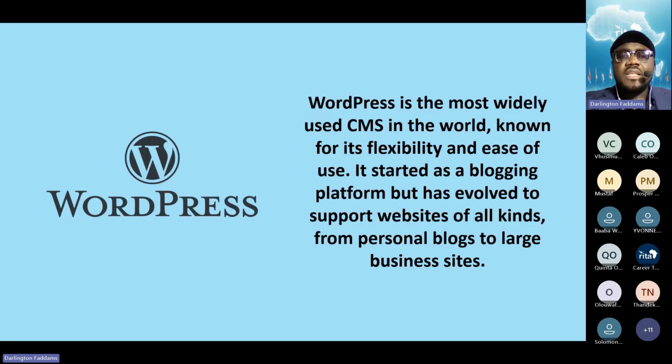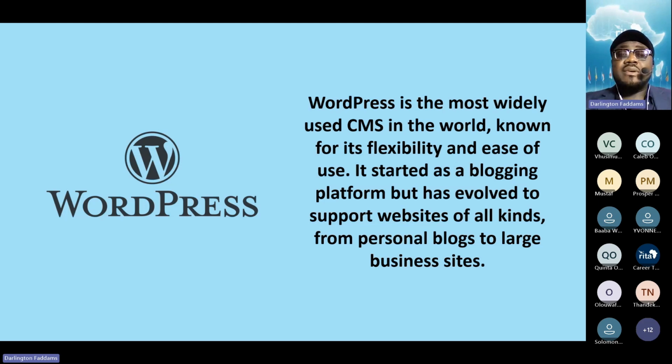Now, WordPress is the most widely used CMS in the world, known for its flexibility and ease of use. It started as a blogging platform, but has evolved to support websites of all kinds, from personal blogs to large business sites. Yes, WordPress started as a blog site, and in the past, everyone using WordPress was hosting on WordPress itself.